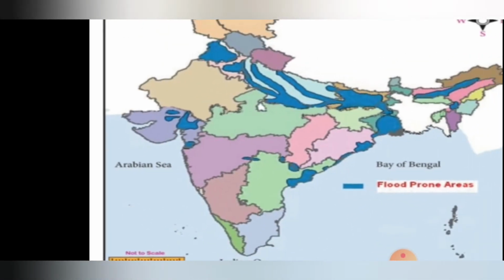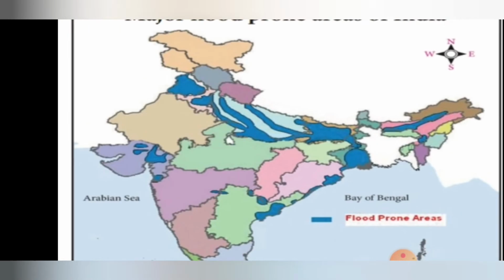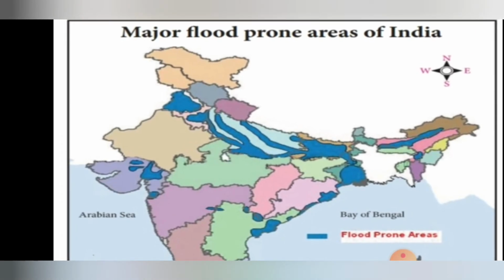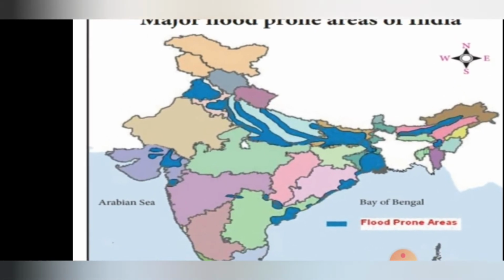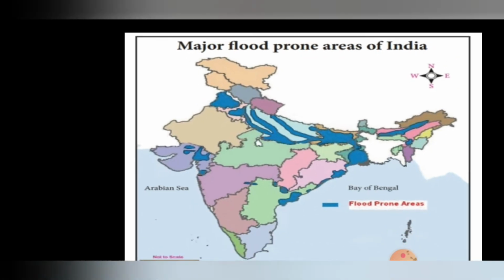You could see the major flood prone areas are the north and northeast part of India. Next, coastal Andhra Pradesh, Odisha and southern Gujarat are the regions where flood is often a problem.